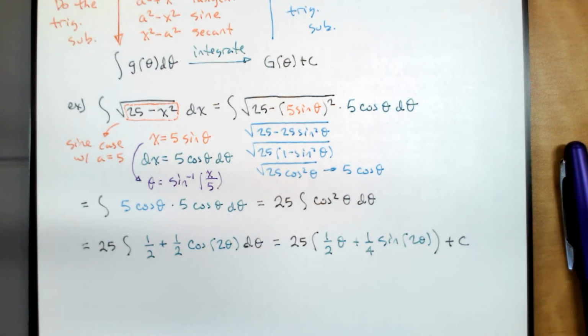In this class, with other teachers, they might allow it, but you are not allowed to write cosine of sine inverse, or sine of sine inverse, or tangent of secant inverse. That is unacceptable notation. That's like saying, how much do you have in your pocket? 10 plus 5.